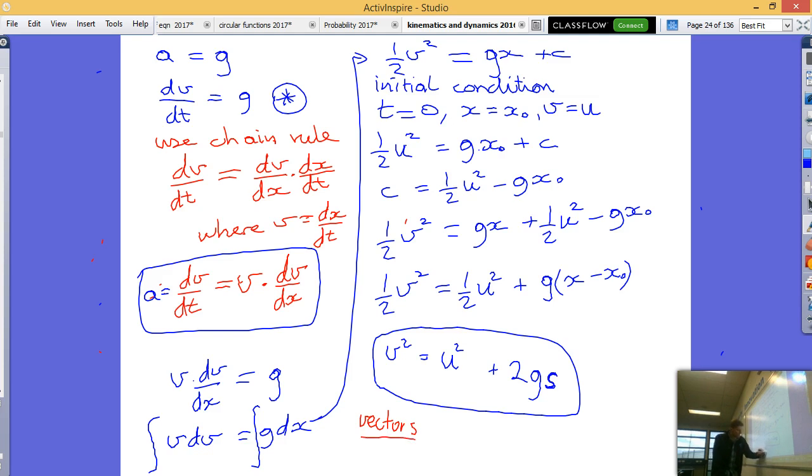So the vectors are v, u, s, okay, and acceleration a. They can be both positive and negative. They all belong, they're all elements of the real number set, okay, which means that they can be positive, they could be negative, okay.